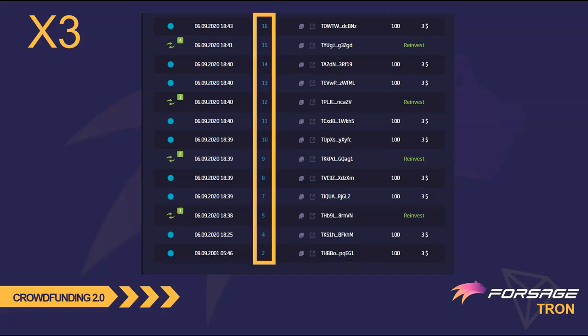But look at this vertical list of IDs. As you work up the list from the bottom, again, we see that ID number 3 is missing, along with ID number 6. If Forsage was truly a matrix, these ID numbers would be listed in chronological order with absolutely no gaps.